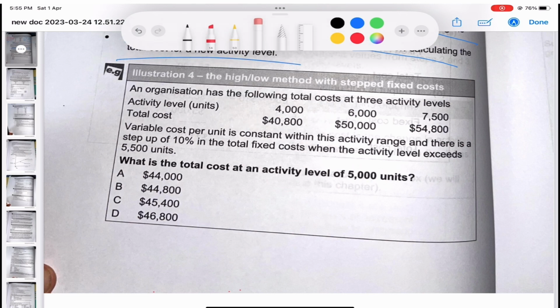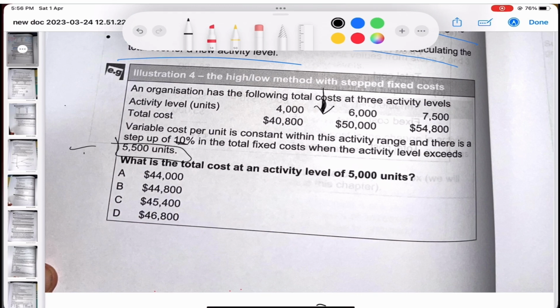So first what we will do is we will mark where the change in the units took place. 5,500 units, where does that lie? It lies between 4,000 and 6,000, somewhere over here. So the changes took place after that level.